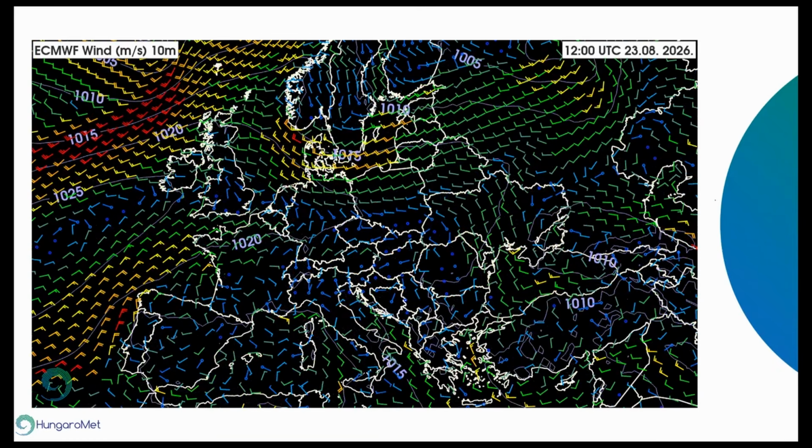Over the next few days, we expect it to reach Europe, but also the wind will pick up over the Atlantic, which, if you're flying towards America, might be an issue with the wind.